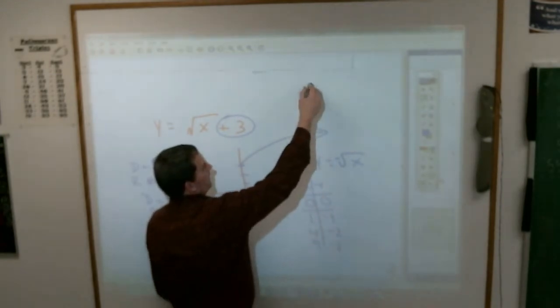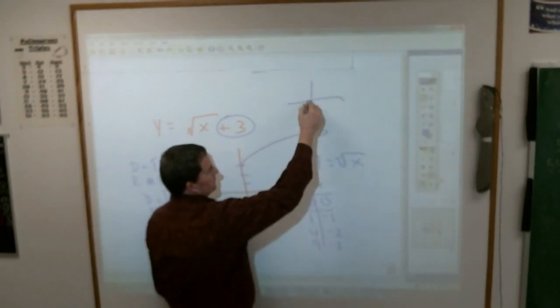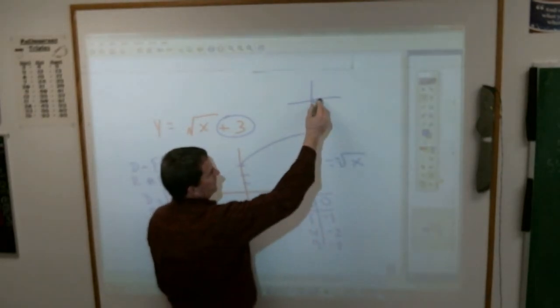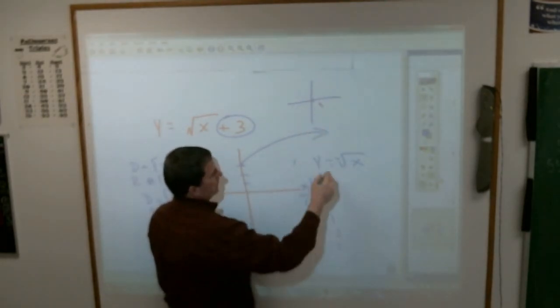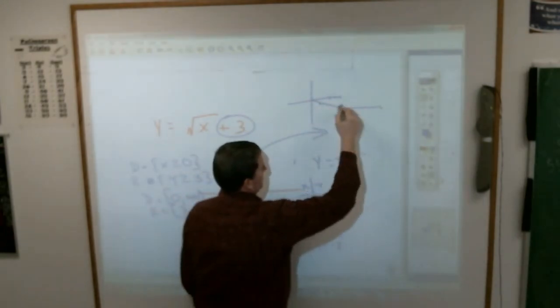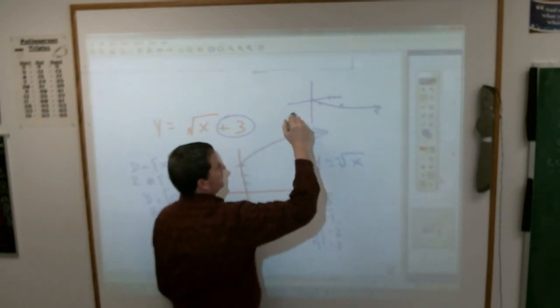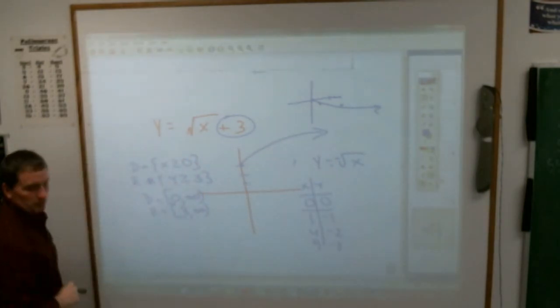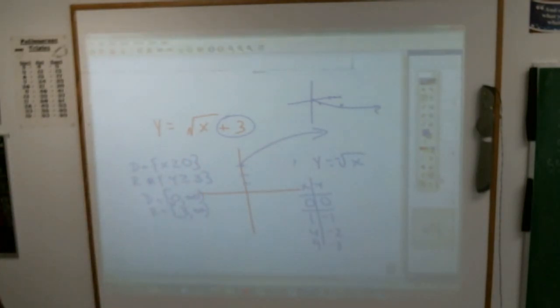If you graph that, what would it look like? 0, 0. 1, negative 1. 4, negative 2. You get a negative out there, it's going to do that, just like we talked about. But I don't believe there's any negatives on this, is there? Nope. So you should be good to go.